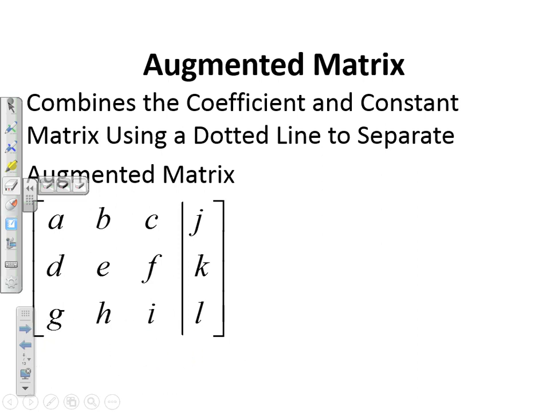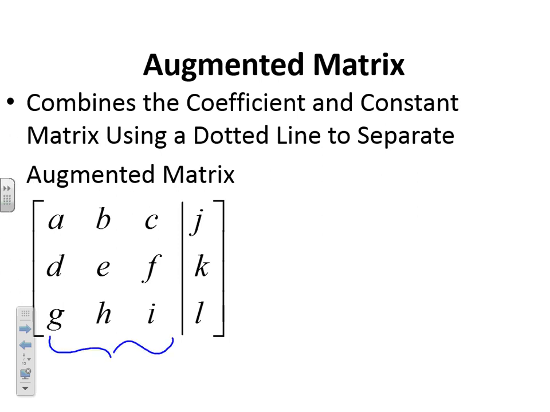So this whole square matrix right there is the coefficient matrix. And this 3x1 matrix right here is the constant matrix, meaning that's like the answers, where equation 1 is equal to this, equation 2 is equal to this.